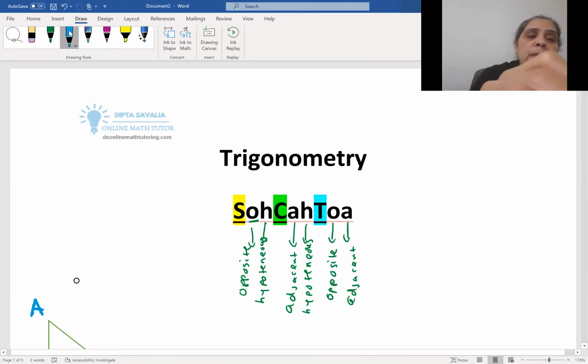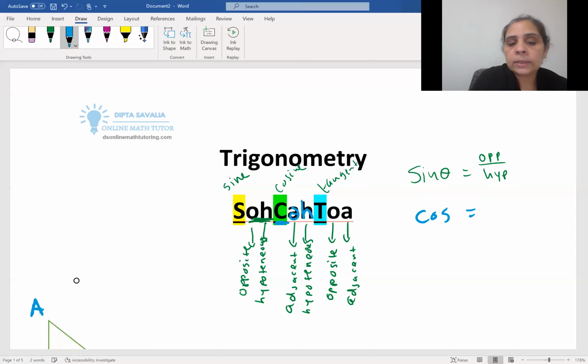What is the sine function? It says OH, that means opposite over hypotenuse. So sine theta equals O over H, where O stands for opposite and H stands for hypotenuse. Next we have cosine, C for cosine, which is A over H: A stands for adjacent, so adjacent over hypotenuse.